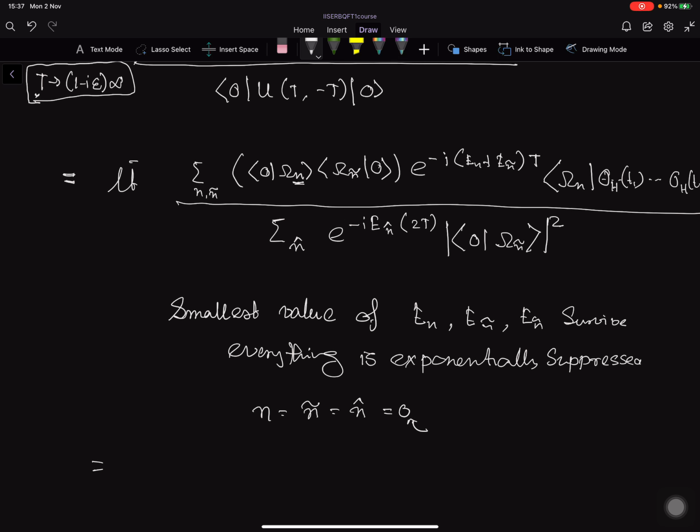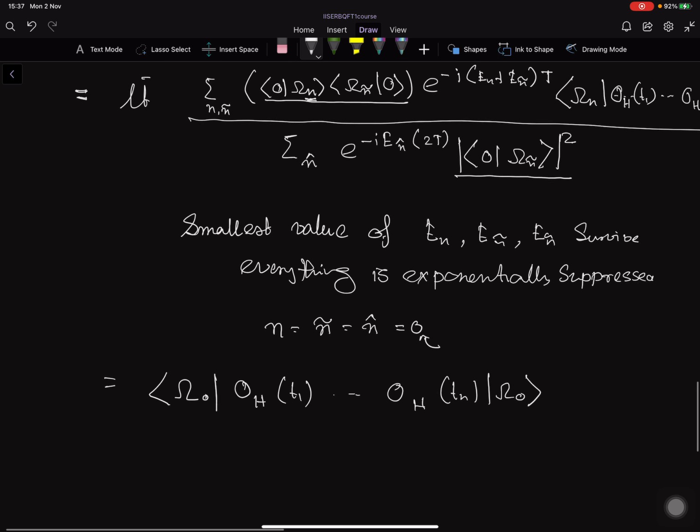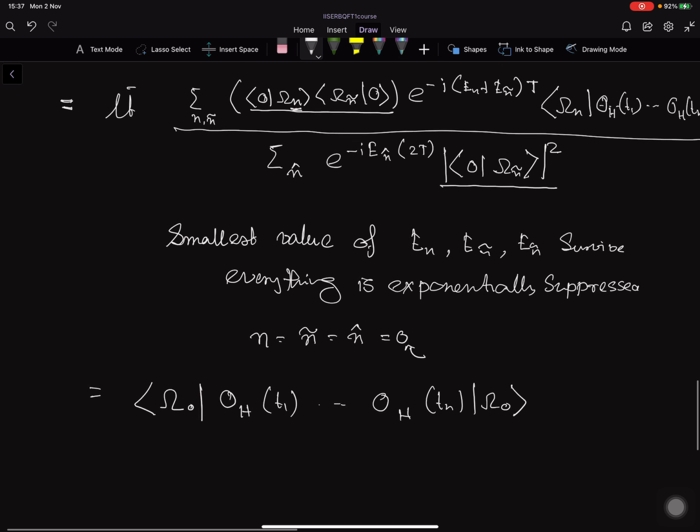So from this above formula, if all of these become the ground state, then this factor and this factor cancel, and the whole thing simply becomes <omega_0| T O_I(t_1)...O_I(t_n) |omega_0>, where omega_0 is the ground state of the interacting theory. So this is our desired formula, and we proved it.